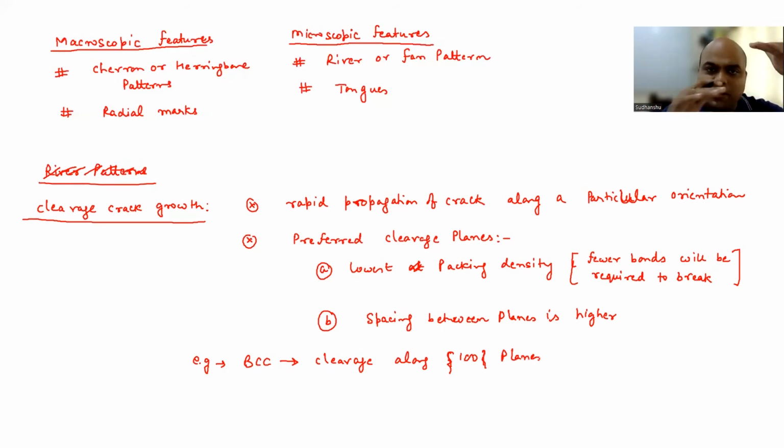That means when you break a bond, since the spacing is higher between two planes, you require a lower amount of stress, right? Because the distance between two planes is higher. So in general, FCC is not very much susceptible to cleavage fracture.